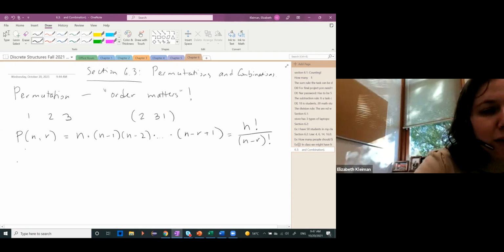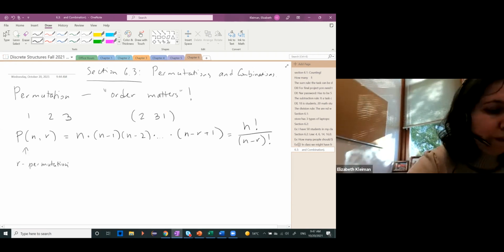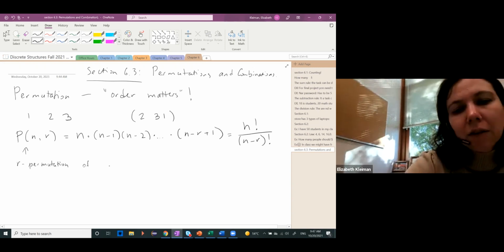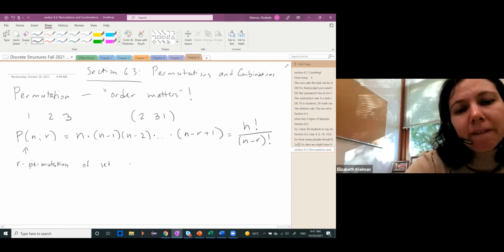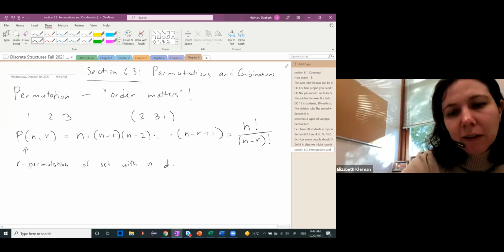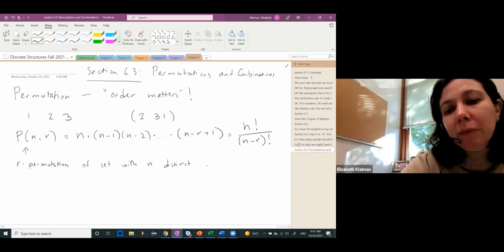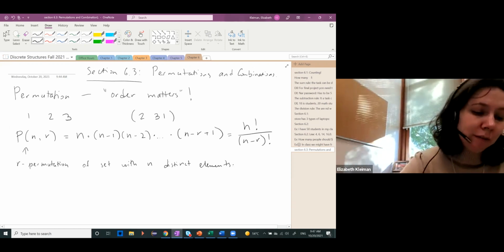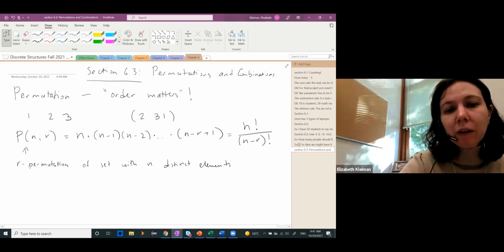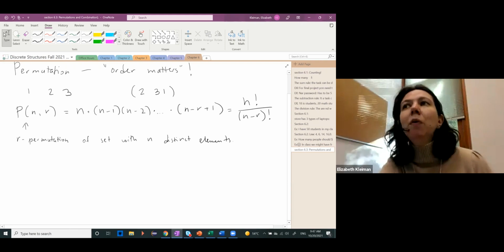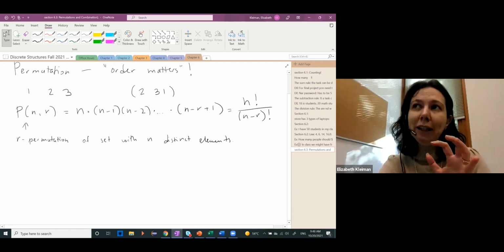This is called r-permutation of a set with n distinct elements. How is it useful? So pretty much it lets me know how many different permutations can I have.